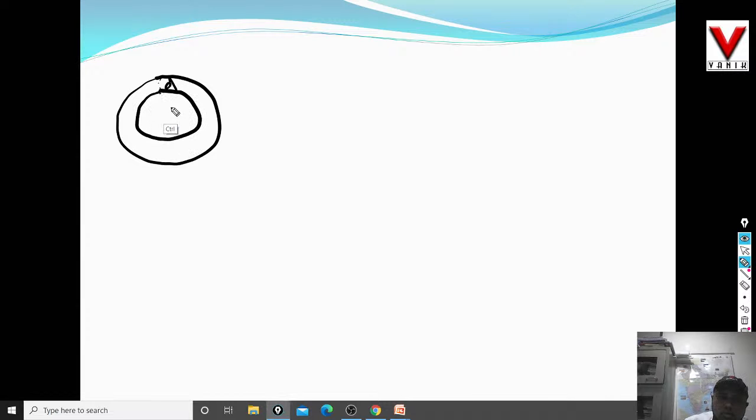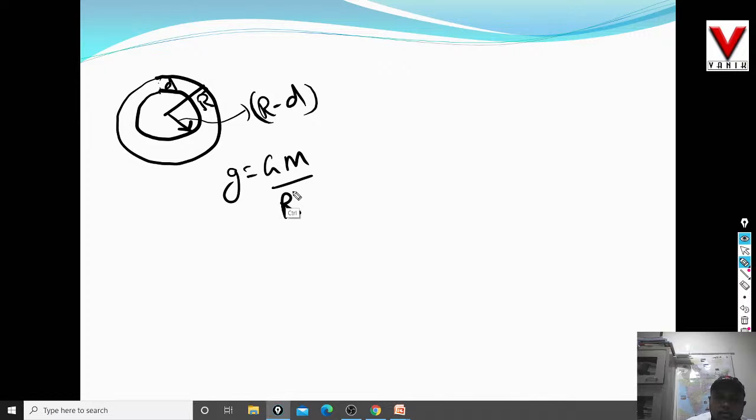This is my actual radius. So what will be this radius? This radius will be capital R minus d. Yes. So I can write small g as capital G M by r square.